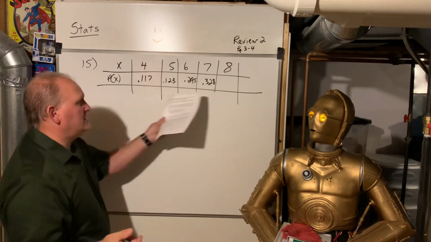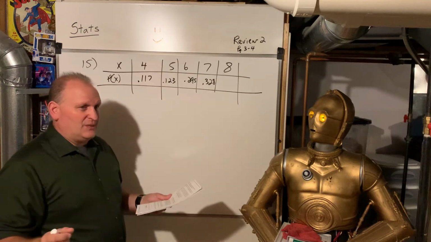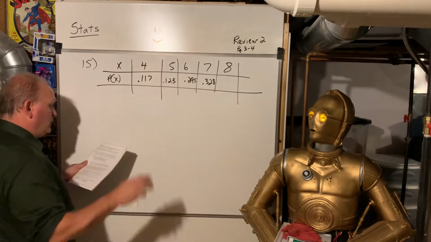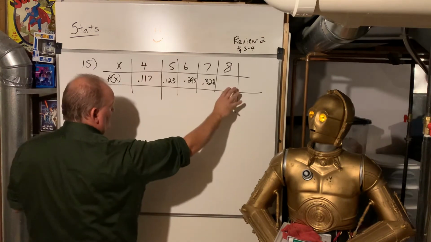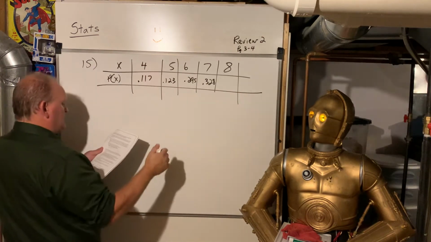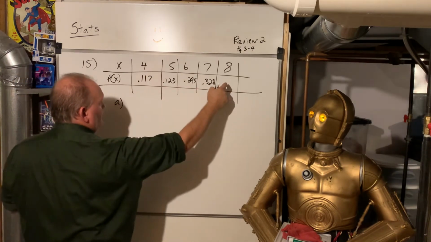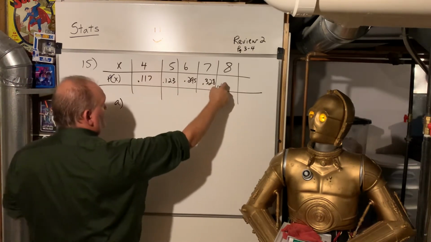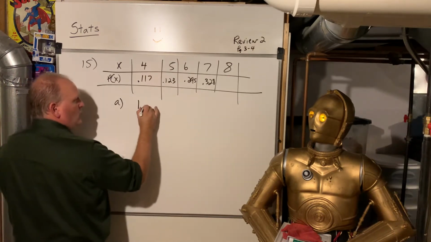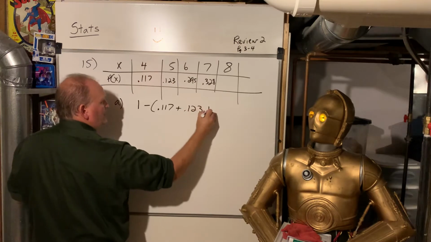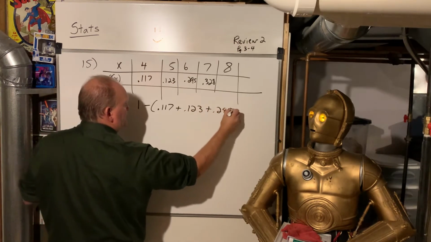If they give them all to you and it's a little over 1 or a little less than 1, a lot of times that's because of round off error, okay? But if it wasn't rounded at all, it should add up to 1. So we're going to use the reverse of that. If all of these have to add up to 1, but we have most of them and we're missing 1, the way to find it would be 1 minus adding each one of those probabilities together.